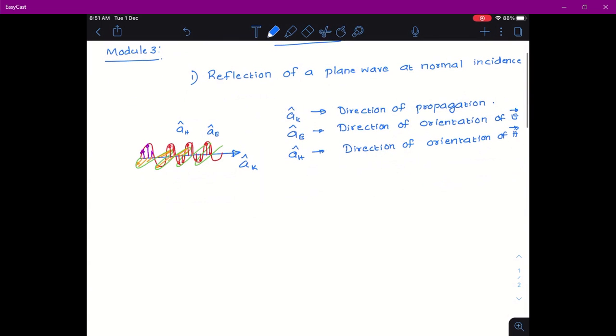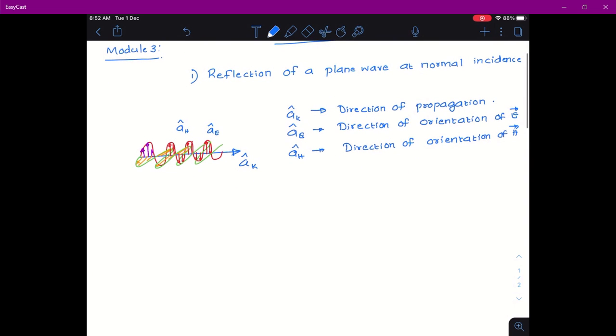So we are moving out of our convention that the propagation is always in the Z direction, the electric field is always in the X direction, and the magnetic field is always in the Y direction. We are not considering any of those assumptions. We are just considering now the actual propagation of an electromagnetic wave. Now there are some relations between all these things. Okay.